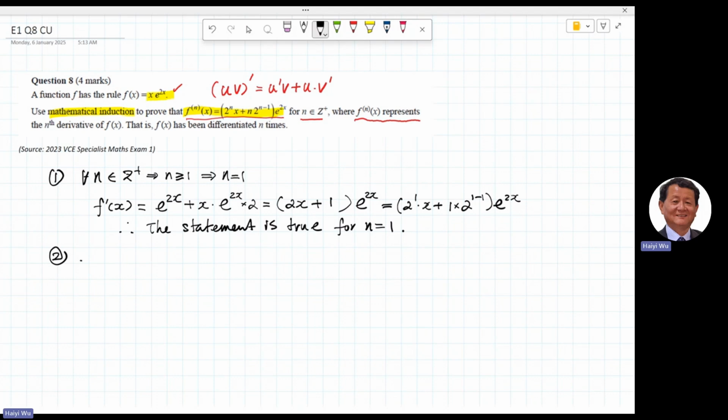So now the second step is the assumption. Assume that for n equal to k, the statement is true.